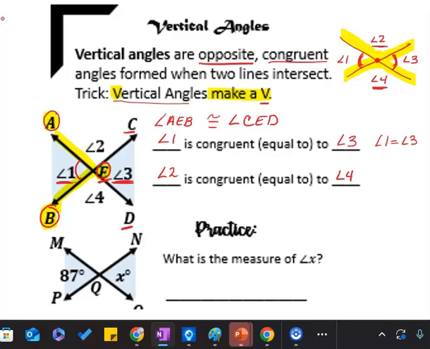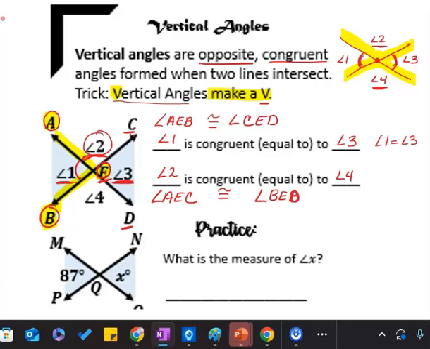Now I can also name angle 2. I'm naming this angle right here: angle A, E, C. I could name it C, E, A, doesn't matter. I'm just going to start with A, E, C. It is congruent to angle B, E, D, or D, E, B. It wouldn't matter either way.